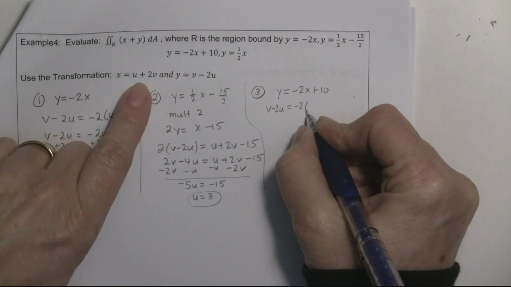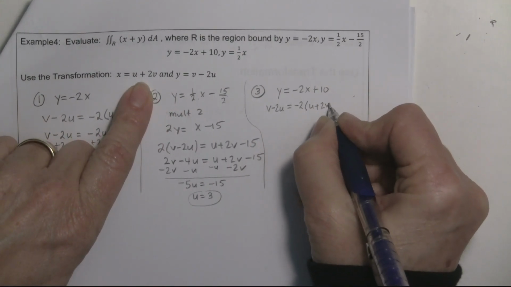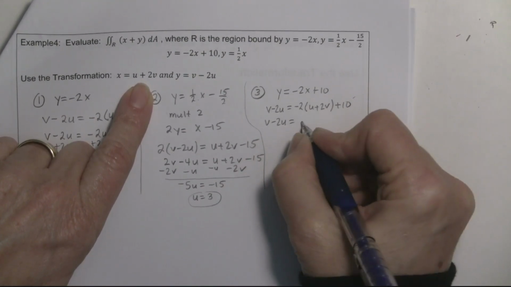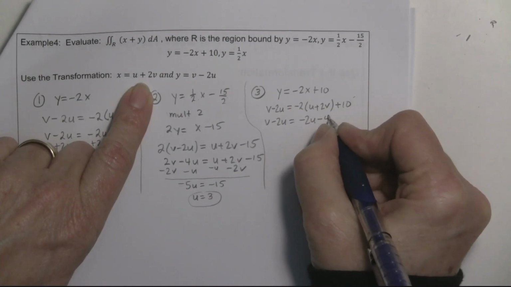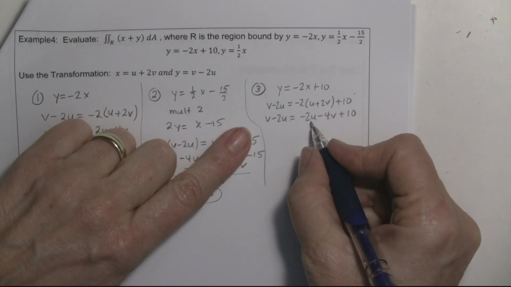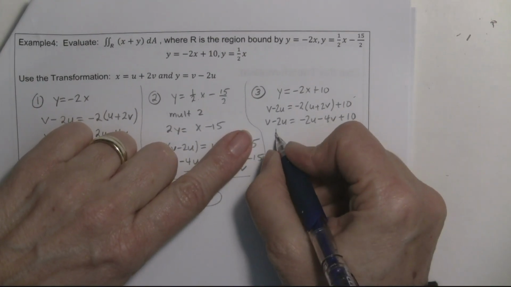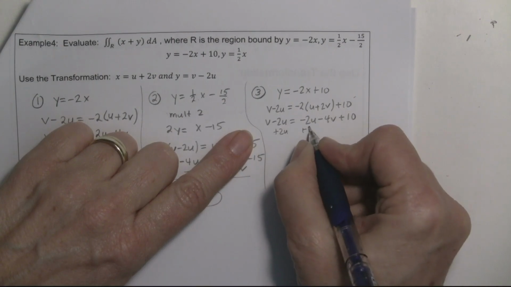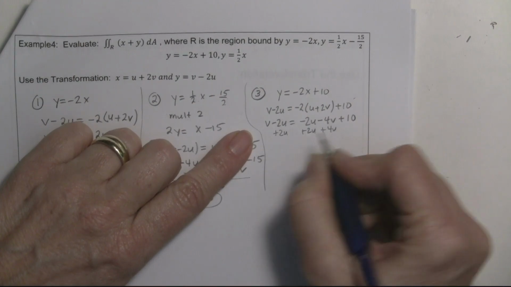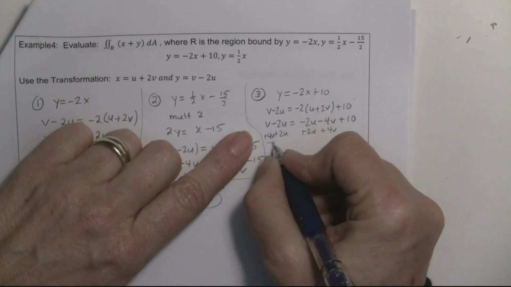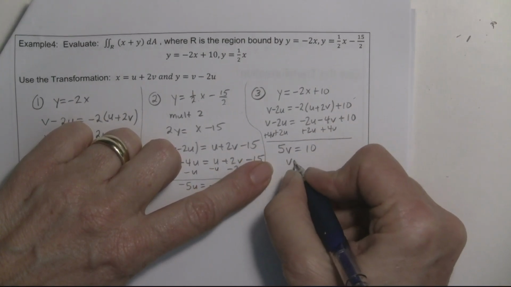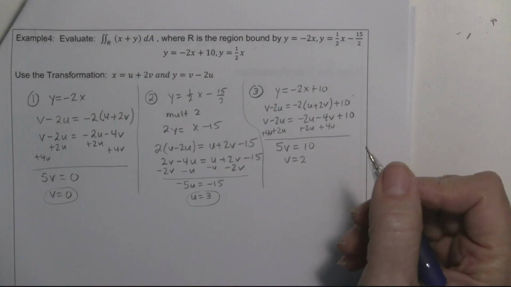It can happen. So balancing negative 2u's, if I add 2u to both sides, the u's totally go away. I want to get the v's on one side. So when I do that, I get 5v equals 10. And when I solve that, I get v equals 2.